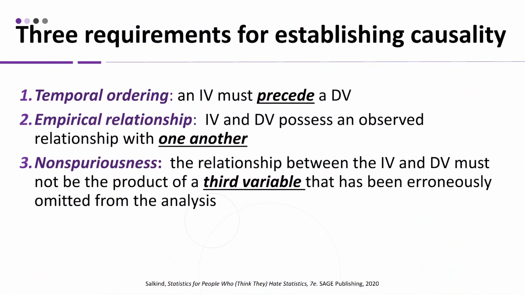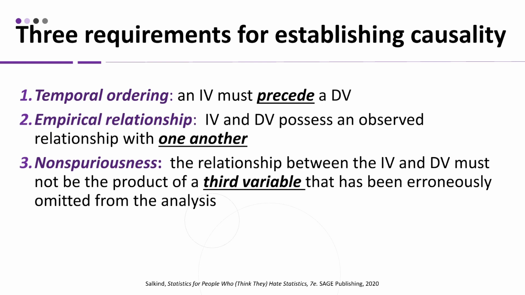Again, I kind of alluded to this while we were going through those examples, but there needs to be an order in place to even consider something causing something else, because if we're going to say that an independent variable is causing something with a dependent variable, we need to know that the independent variable is coming before the dependent variable. During our discussion before, I gave an example of how demographics are almost always going to be independent variables as opposed to dependent variables.